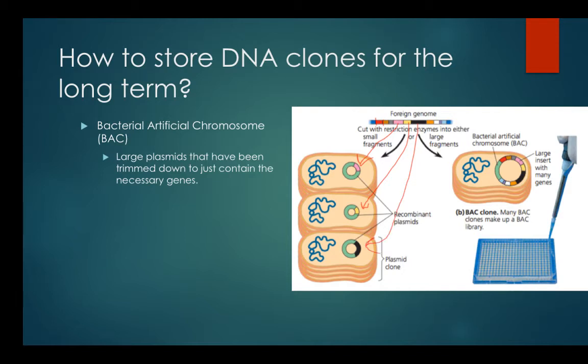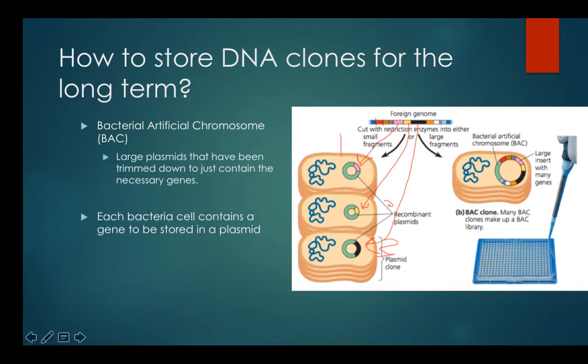What you end up having is bacteria that only have one gene. And you just label it and say, okay, this bacteria has gene 1, this bacteria has gene 2, this bacteria has gene 3, and then you can store the bacteria for later if you want to study what that gene does.